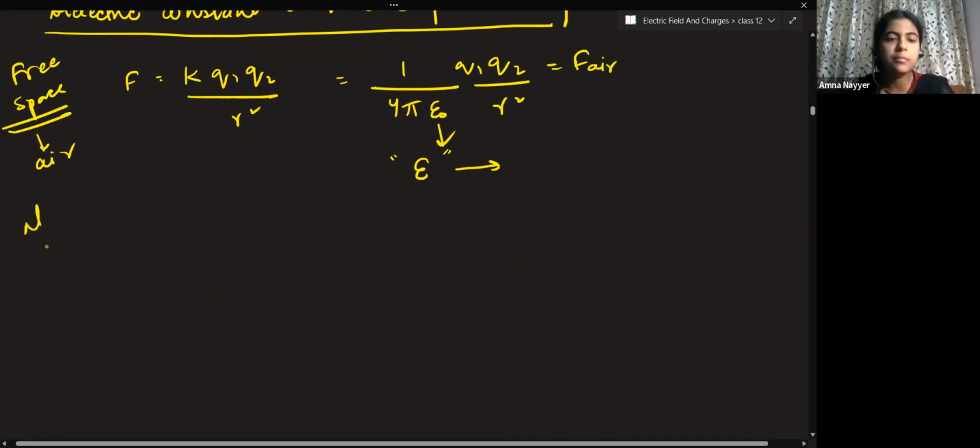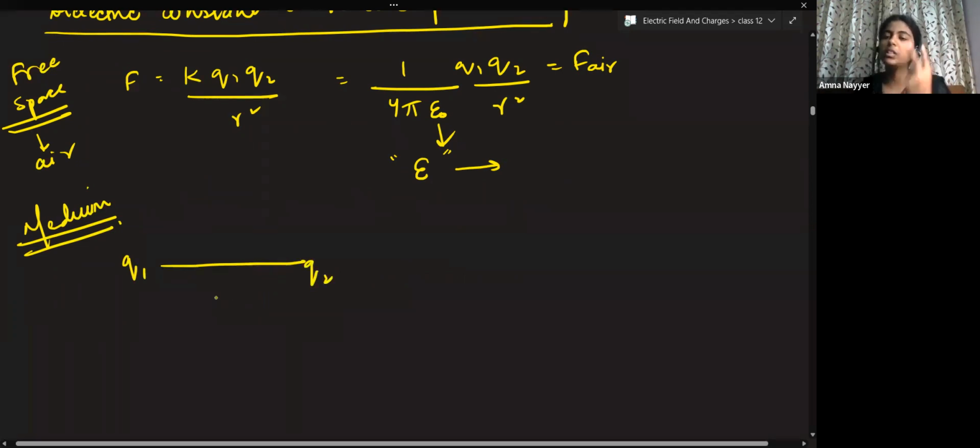Now if this is not free space but some medium, let's say Q1, Q2, both of these charges are present and separated by separation R. Force in a particular medium will be 1 by 4 pi epsilon, not epsilon naught, and it will have its respective value for different mediums.